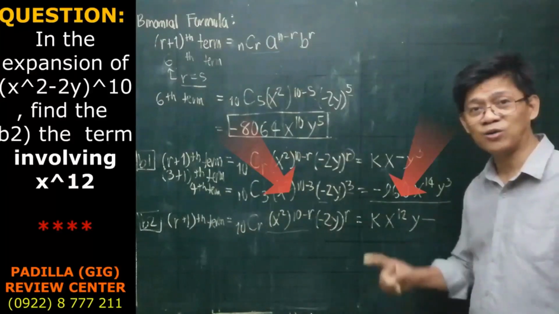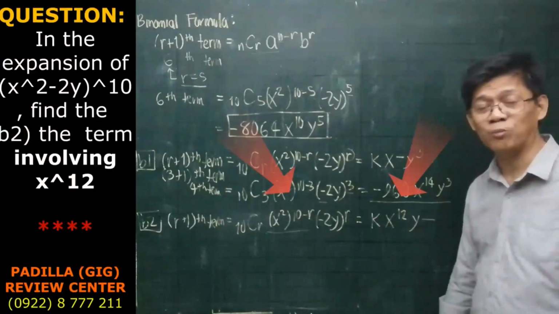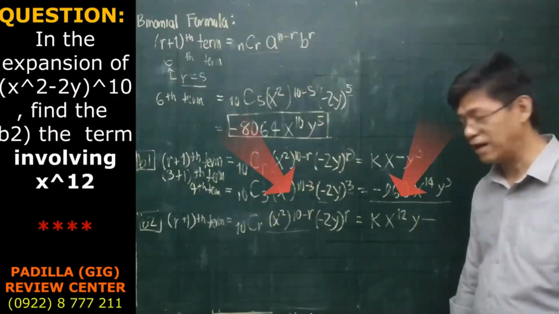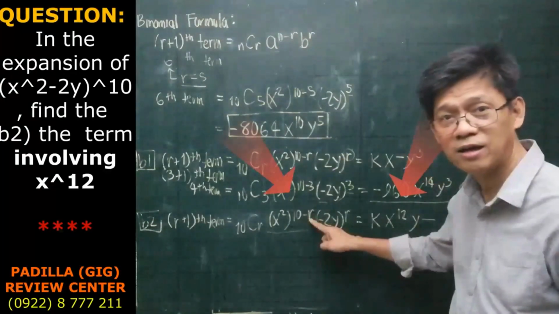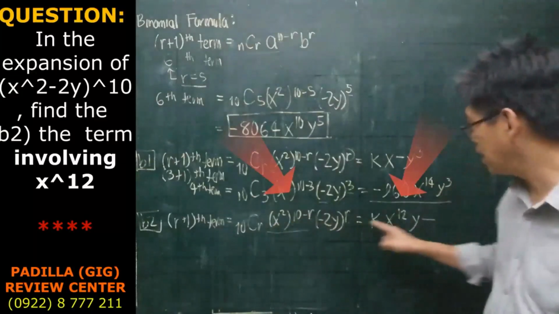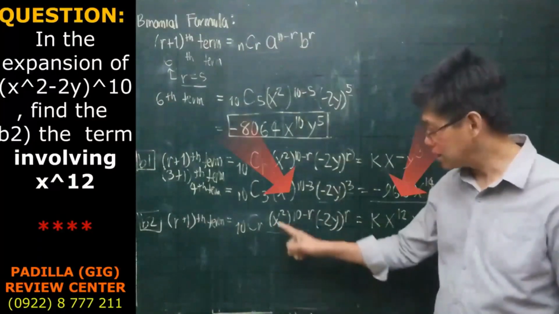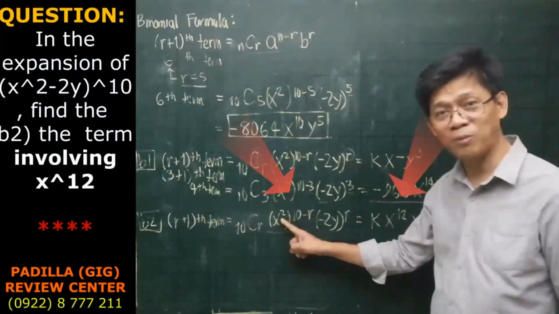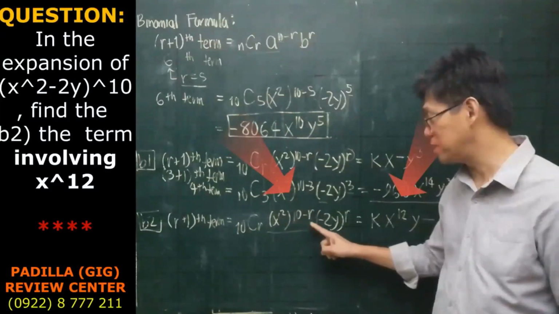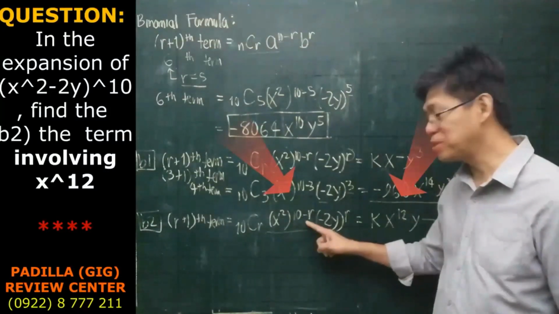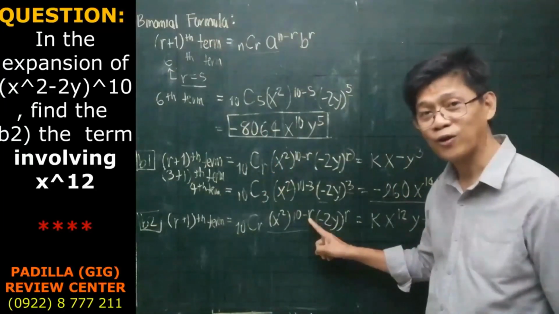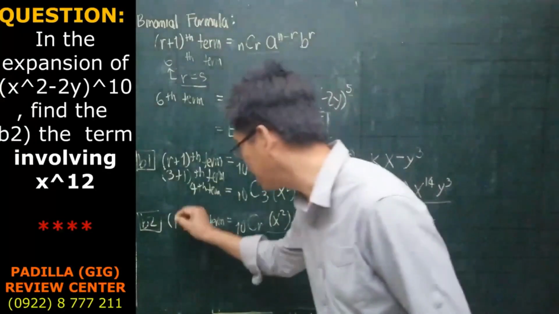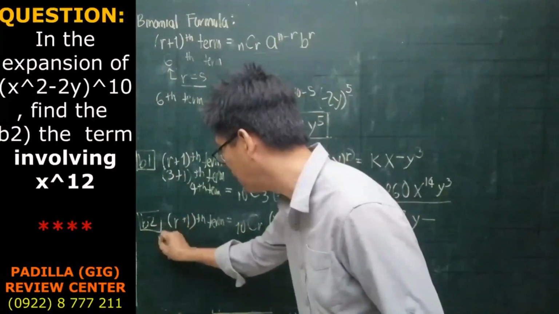Correct. A durian can only come from a durian tree. So, what is your r here in order to make this x to the 12? This is x squared. To make it x to the 12, this must be 6. 10 minus r to become 6, what is r? 4. So therefore, for this, r is 4.